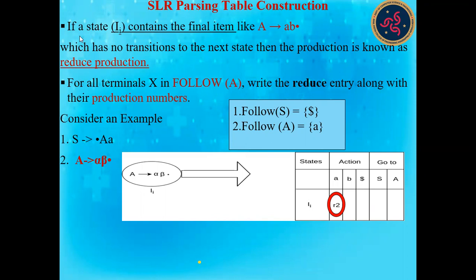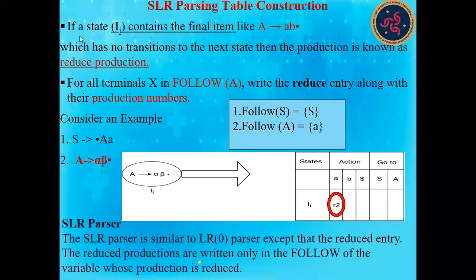So whenever we have a final state, you have to put a reduce action. If our symbol is a terminal symbol, then you have a shift operation. In this SLR parser, it is similar to the LR parser, except for this particular reduce entry. In an LR parser, if you have a reduce entry, you have to write it in every column of that particular row, in the action side, not in goto.